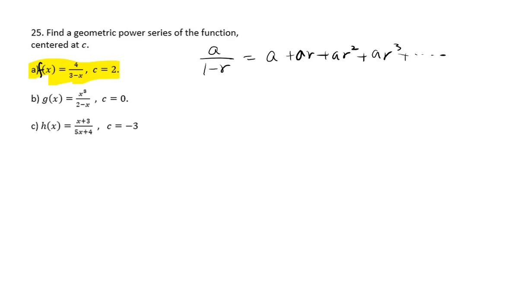You want to be able to use this formula to come up with some kind of power series. Now if you compare this with that, I guess a is 4, but you have 1 here and there's 3 there, right? So how do you change that?